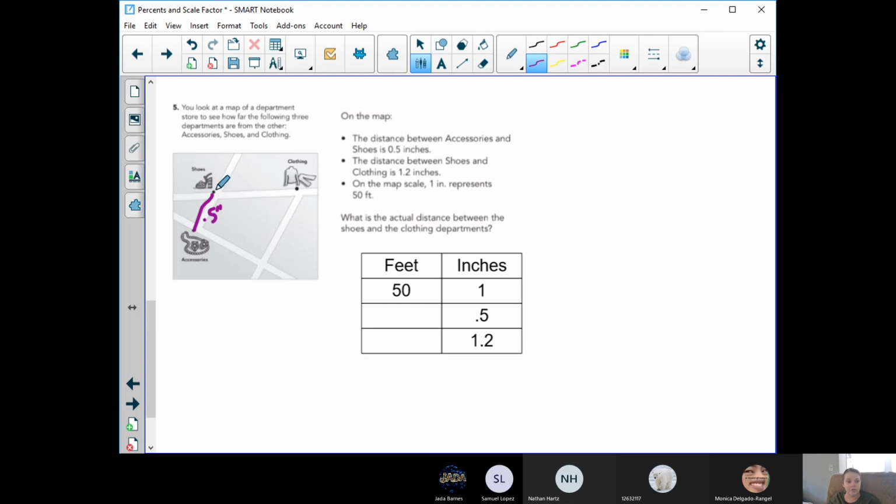From shoes to clothing is 1.2 inches. And on the map scale, 1 inch equals 50 feet. And they want to know the actual distance between the shoes and clothing departments. So we're looking at the distance here. Okay.